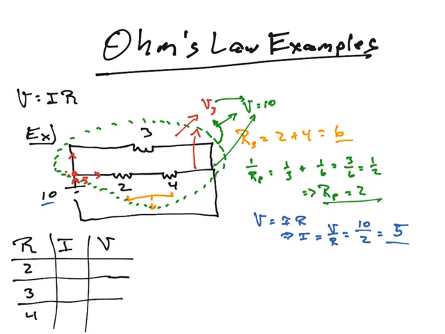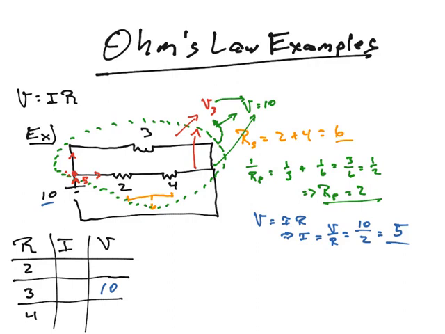So I now know the top branch drops 10, the bottom branch drops 10. Does that give me any answers? It does. The top branch dropping 10 tells me the voltage dropped by the 3 ohm resistor is 10. Now, I cannot say that since the bottom branch drops 10, the 2 and the 4 are also 10.